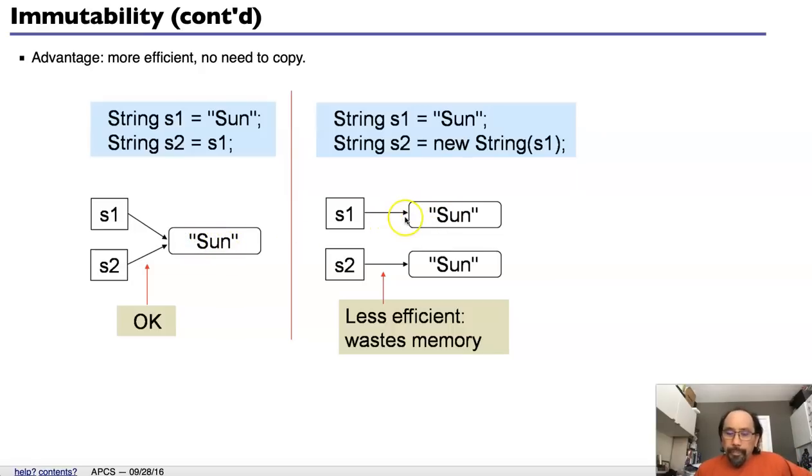Now, if I wanted to make a copy of it, I could do that. I could create S1 to be referencing "Sun", and then I could say new String that has that as well, and it will create a copy of it, but it's really not necessary. So this would be very, very uncommon to do, because there's no need really to do that.